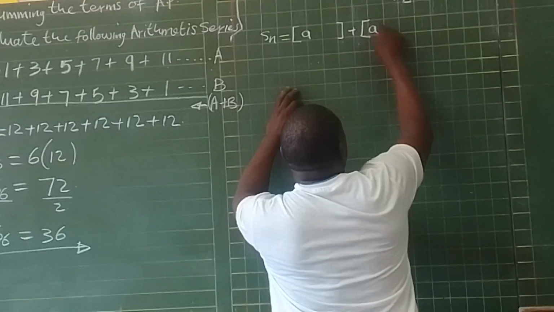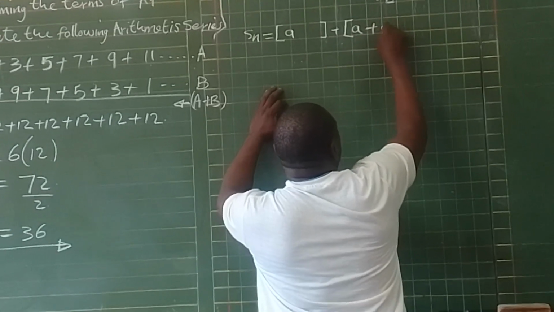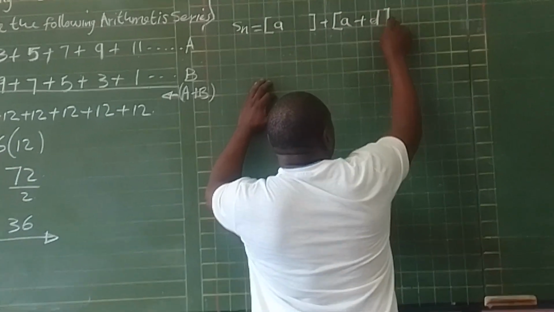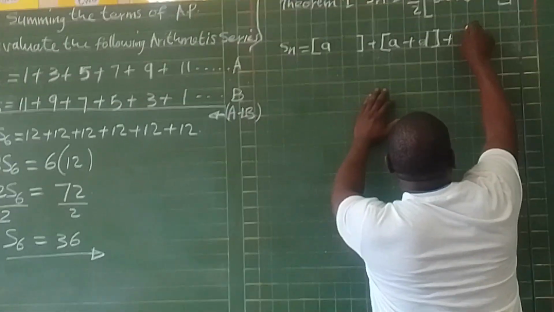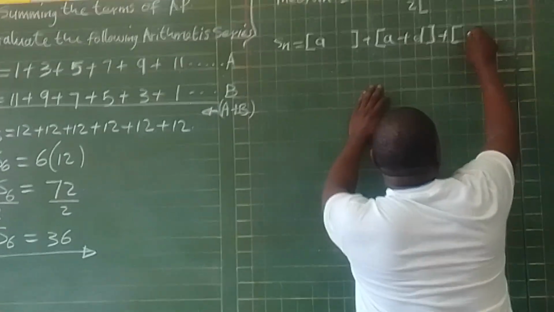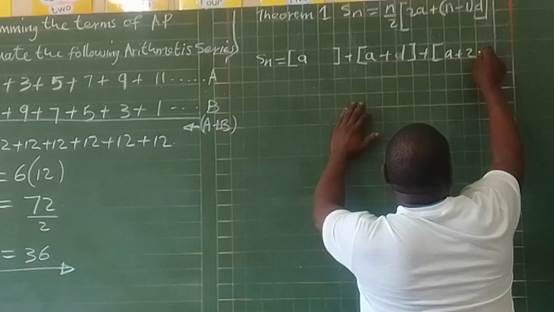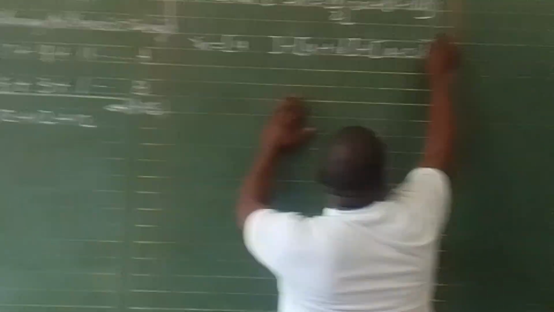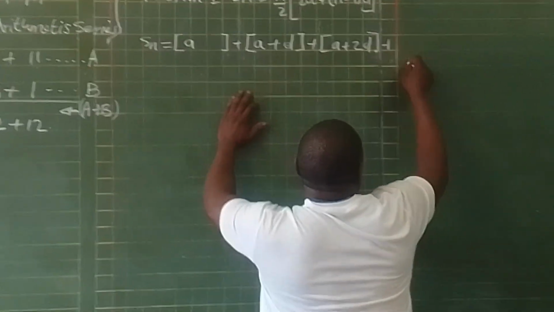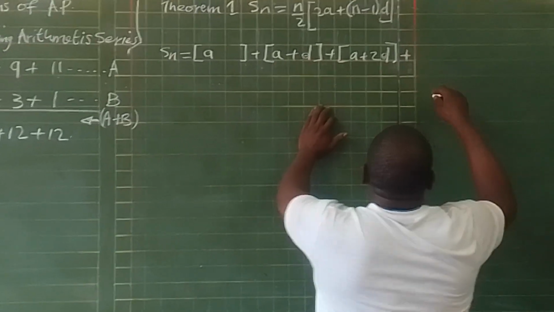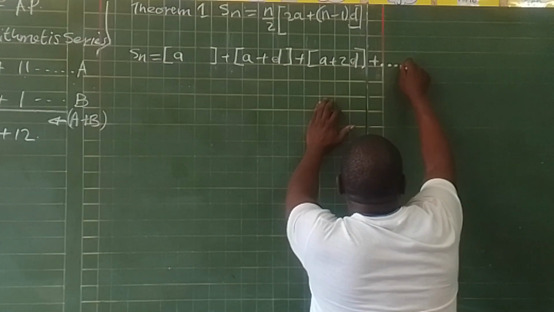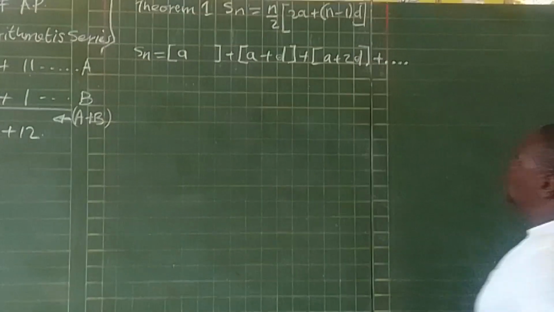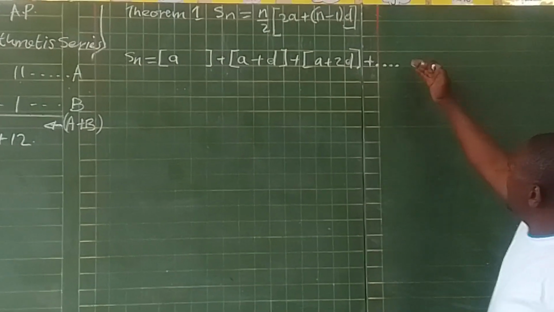Term number 2 is represented by a plus d, followed by term number 3, which is a plus 2d, followed by, there are too many terms in here.